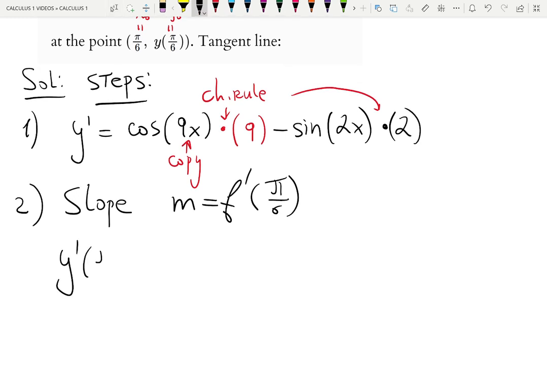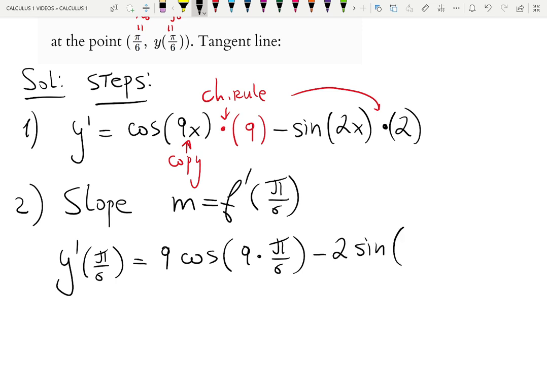Y prime at pi over 6 is 9 cosine of 9 times pi over 6 minus 2 sine of 2 times pi over 6.